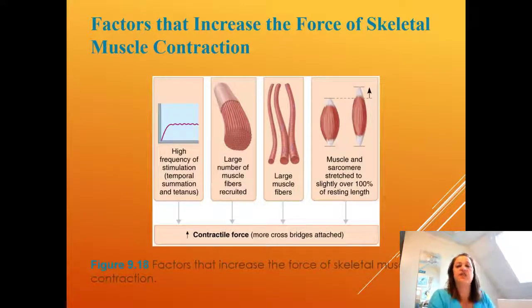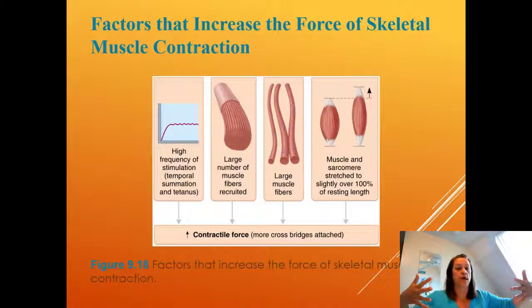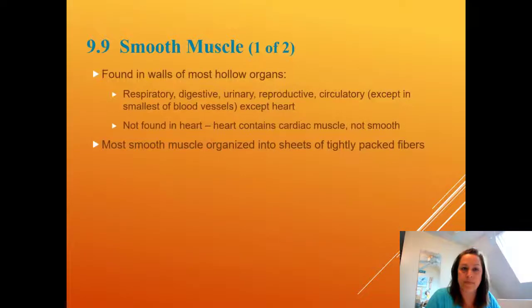So factors that increase the force of skeletal muscle contractions: frequency of stimulation, the number of muscle fibers, the size of the muscle fibers, and if we stretch them first and then contract, we get a little bit more out of it. Because we're pulling those farther away, and then we can really have a lot more cross bridges.